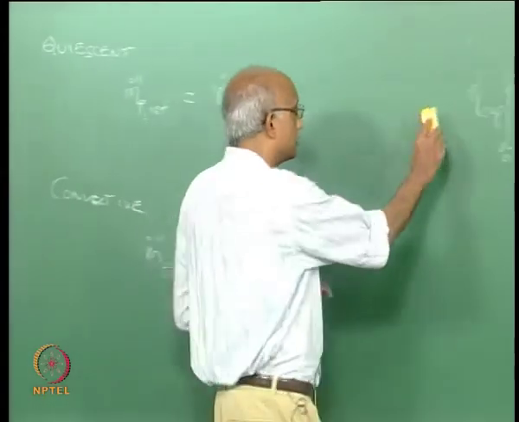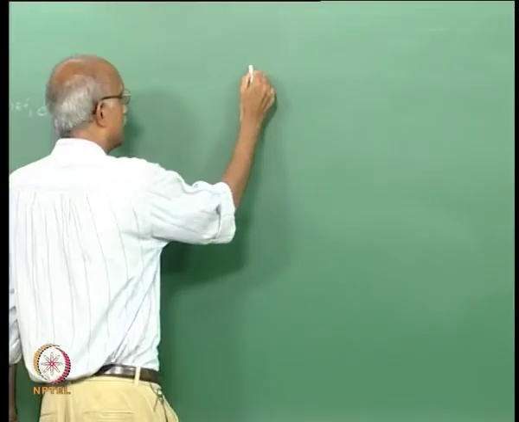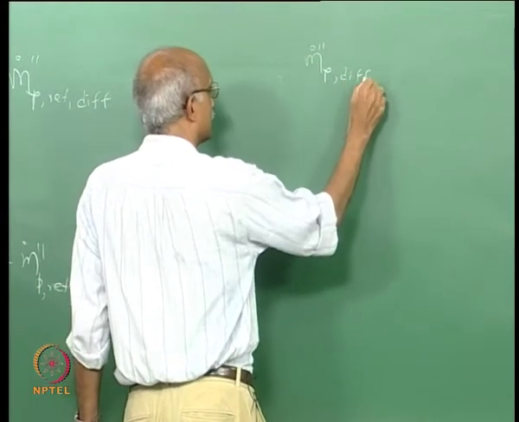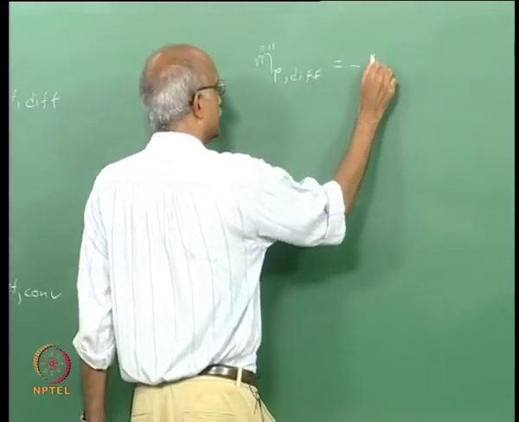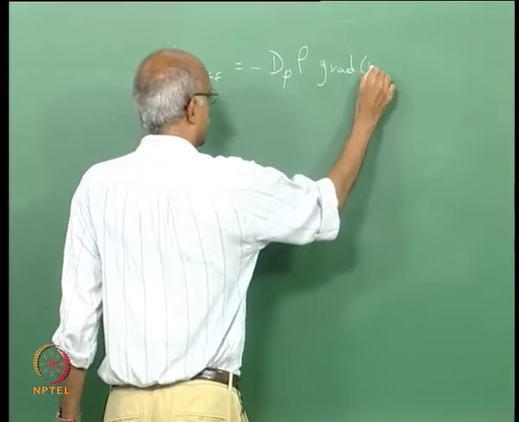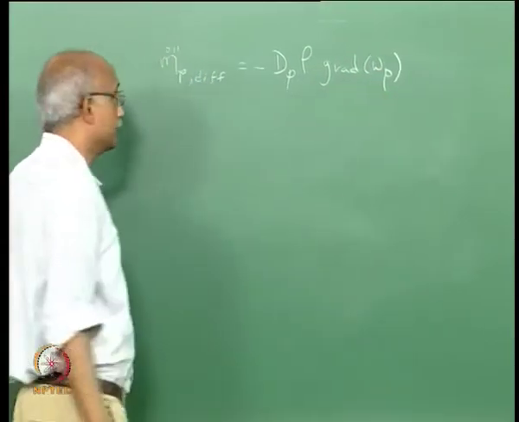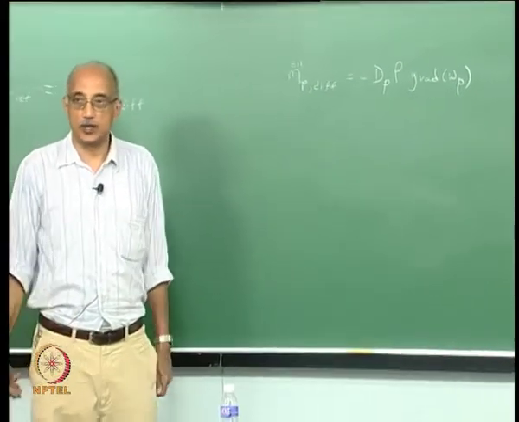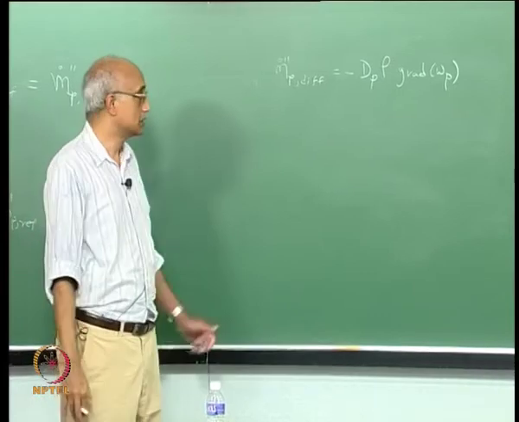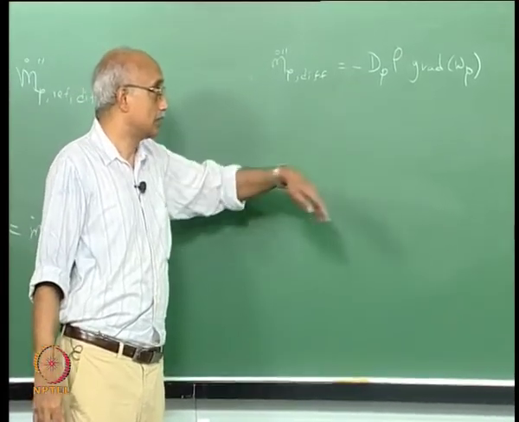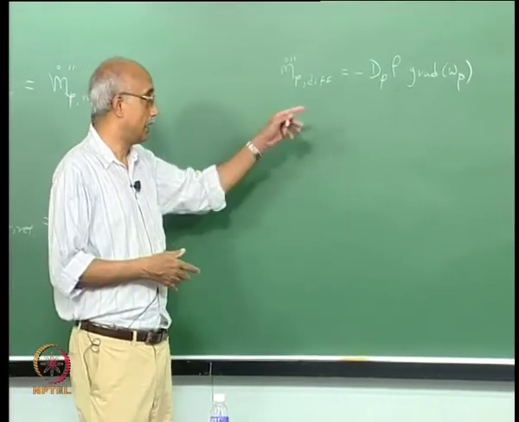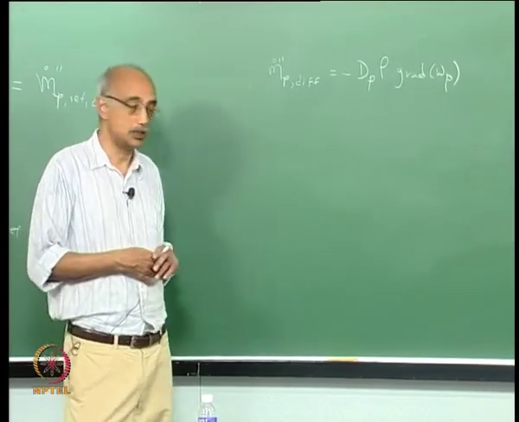If you recall, the expression for M_P dot double prime diffusion equals minus D_P rho gradient of omega_P, right? The diffusional flux of particles is proportional to its mass fraction gradient, and it's related by the Brownian diffusivity D_P and the gas density or fluid density rho.